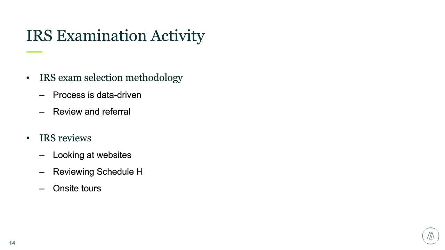When the IRS is reviewing to see if it should be referred for exam, they're looking at organization websites. They're seeing if the required items are posted, which we'll go into later. They're reviewing Schedule H. And then they also have said that they'll do on-site tours. I haven't heard of any on-site tours being conducted. However, they're not going to announce if they're doing that, so it could be happening and they're just not notifying.